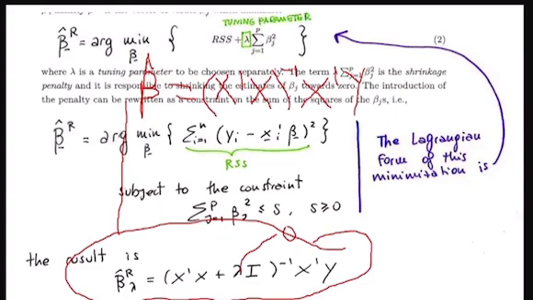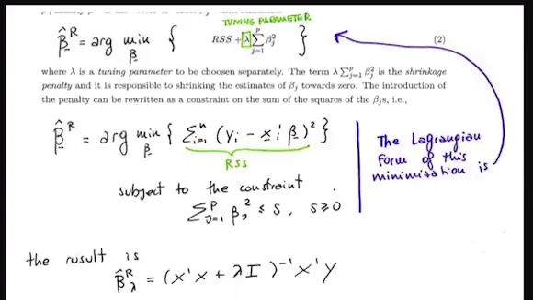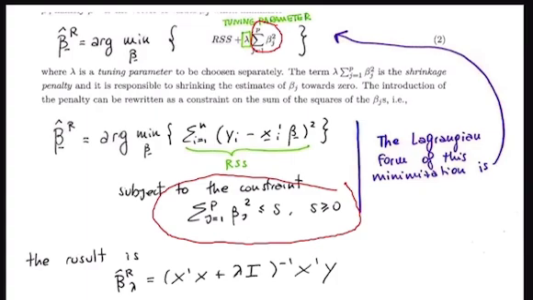Now I actually want to move on, still talking about ridge. We have a constraint. If you take a look at the constraint here, we are introducing the summation of beta j squared, and that is less than or equal to a particular term, and that term is non-negative.